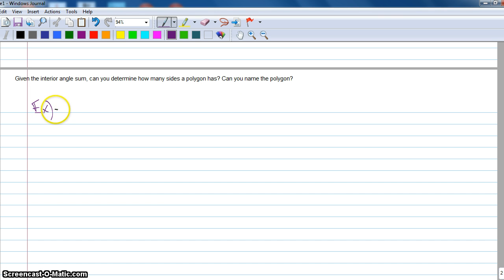Let's say I tell you there's a polygon, and when you add all the angles you get 3,240 degrees. How many sides are there? And what's the name?